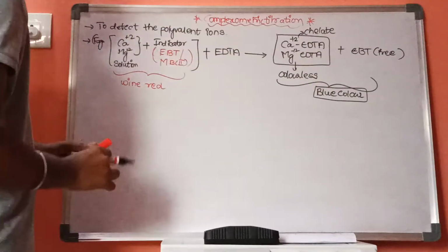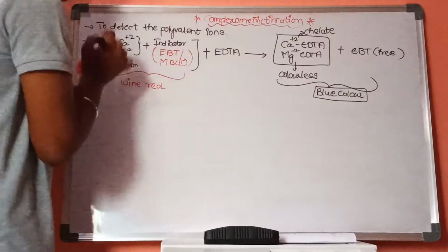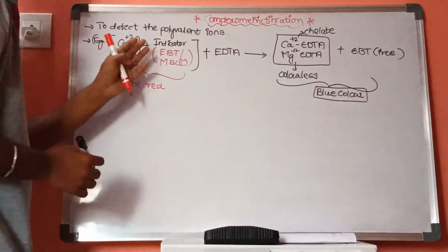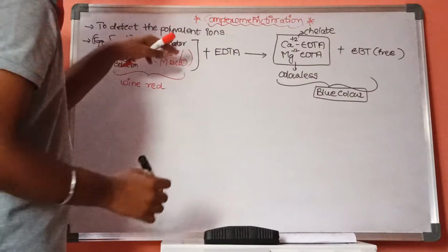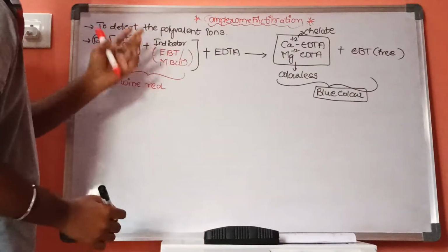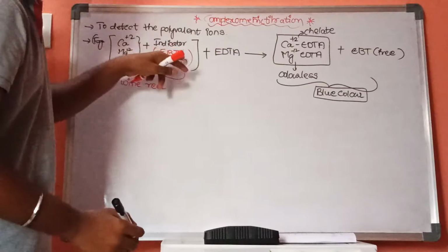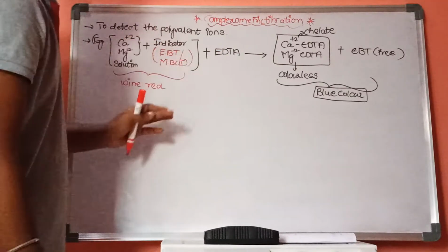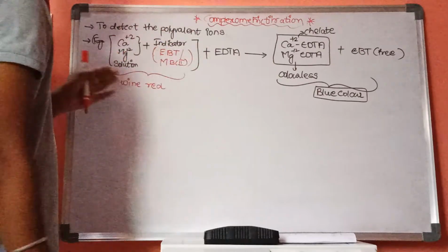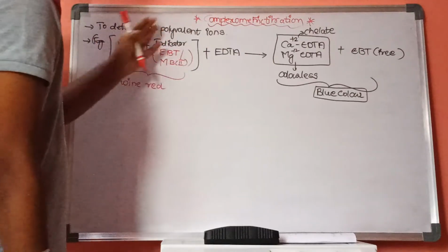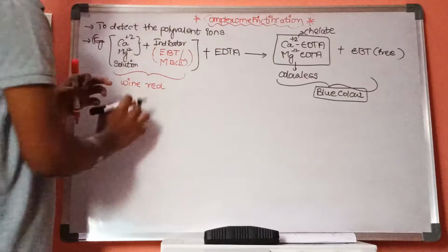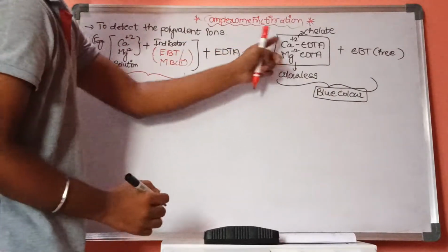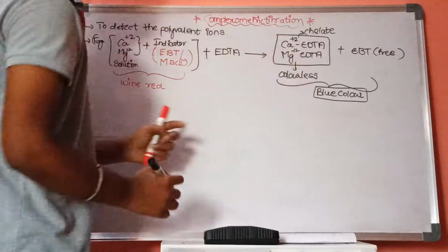Now once again let us consider a sample which contains calcium and magnesium ions in it. The indicator is added to this solution. The indicator is Eriochrome Black T indicator, or it is also called Mordant Black 2 indicator. Whenever this complex, which is in wine red color, is titrated with EDTA solution, it will form calcium EDTA and magnesium EDTA.